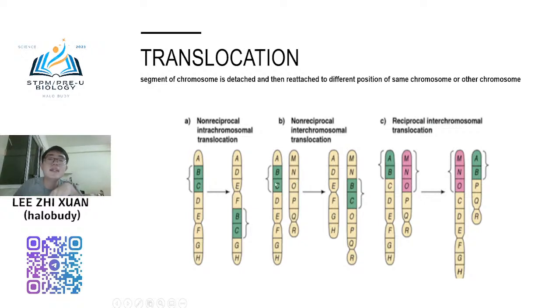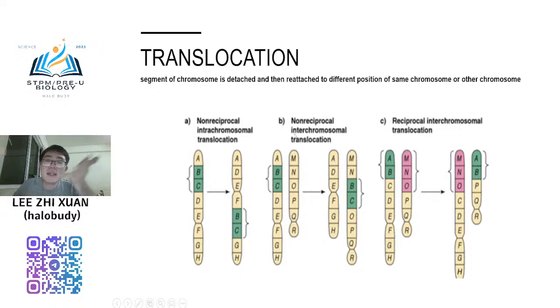Only the left one does detach and reattach. But for this one, both do. A, B move to the right one, and at the same time M and O also detach and reattach to the left chromosome. It is like exchanging material, exchanging gene sequence.